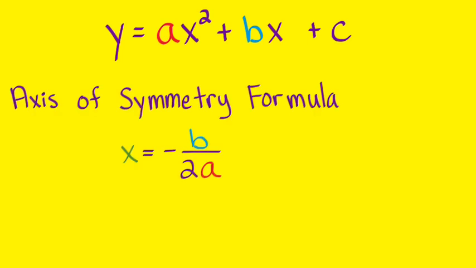Now let's remind ourselves of our quadratic equation, which is y equals ax squared plus bx plus c. Now there's an equation just to find out the axis of symmetry. It's a shortcut. Instead of having to make a table and graph our points and see visually on a graph where the axis of symmetry is, instead we can see that it's x equals -b over 2a.